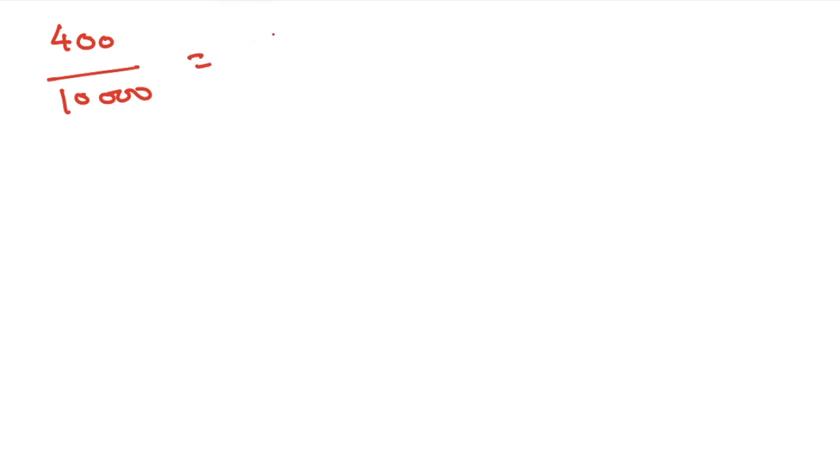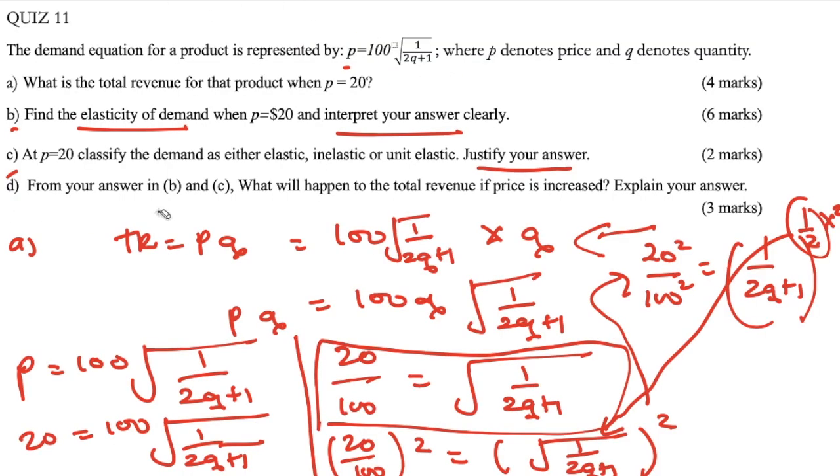And then here you have 1 over 2Q plus 1. 2 over 2 becomes 1, isn't it? Okay, so here, instead of writing this way, I write it this way because 2 over 2 is 1. This is what I mean. This one is actually 2 over 2. Okay, this one.